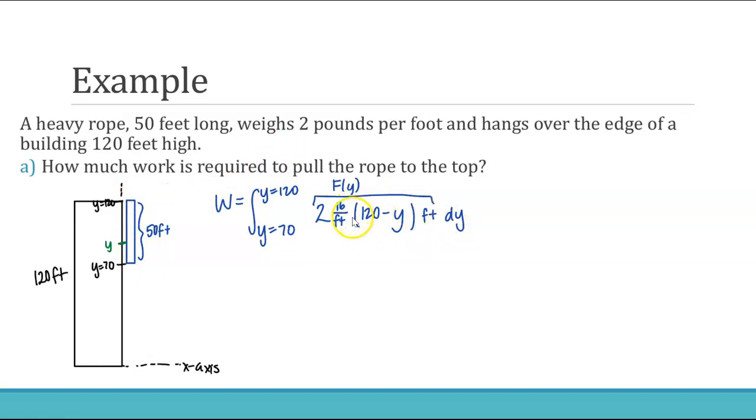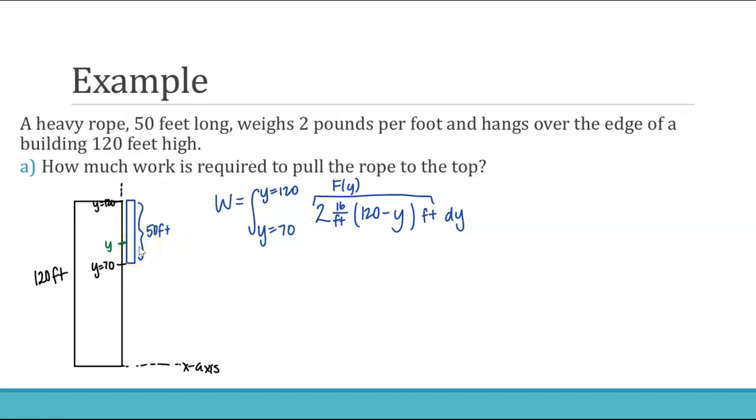And so this is my force function. It's not constant. It's dependent upon the height. Every time I pull up a little bit of rope, there's not quite as much weight pulling it down, so the force is decreasing over time.